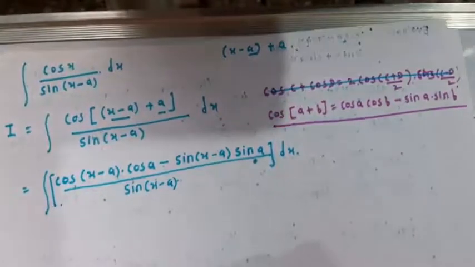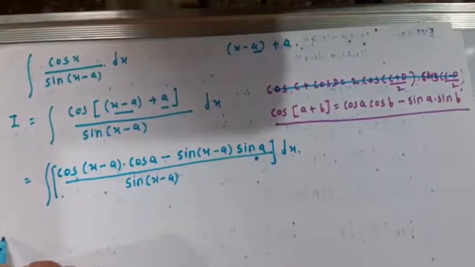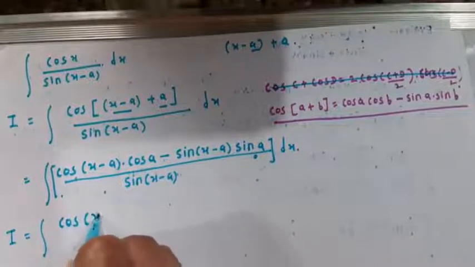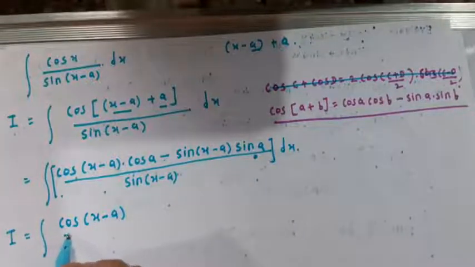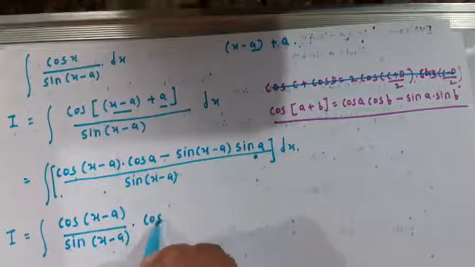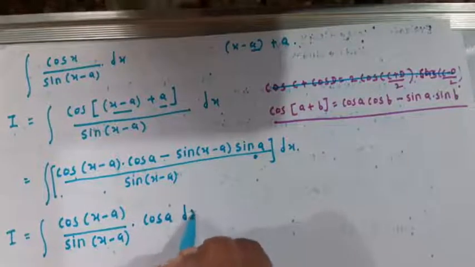By separating the terms we will get cos(x − a) upon sin(x − a) into cos a with respect to x.